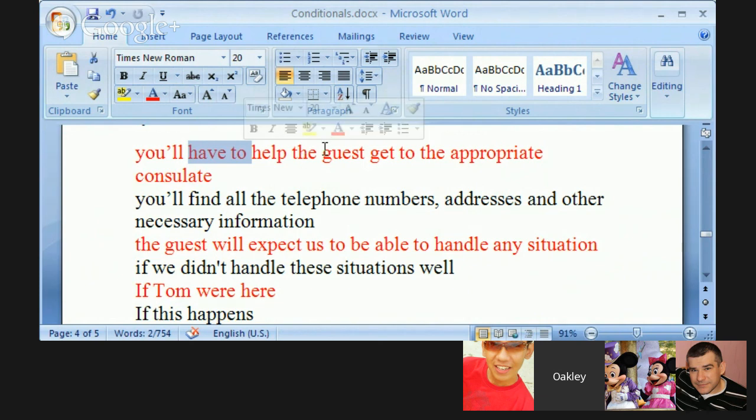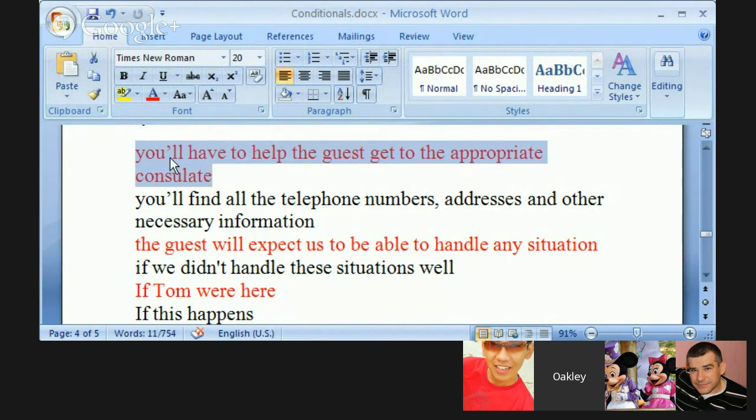Sorry, teacher. I have a question. Sure. When I speak, can I say you'll, or do I have to say you will? Well, that's an excellent question. When you're writing, academic writing or formal business writing, you should always use the full form, you will.